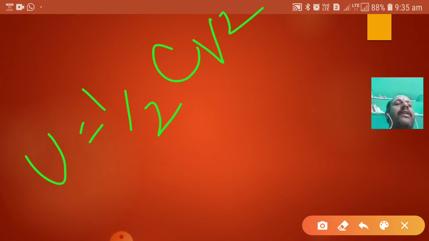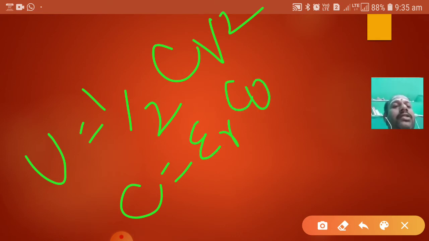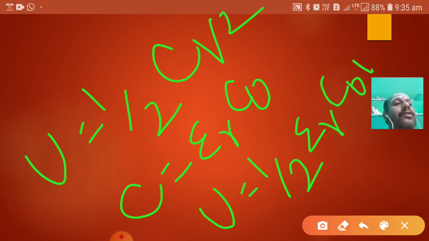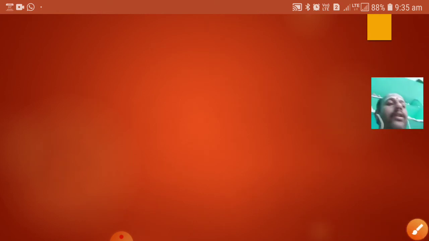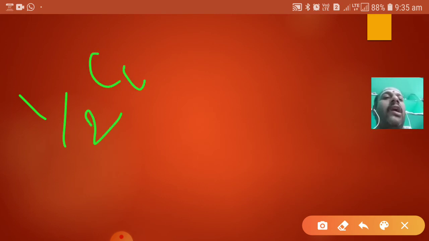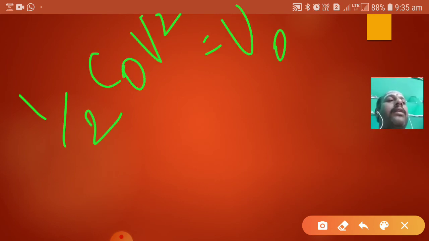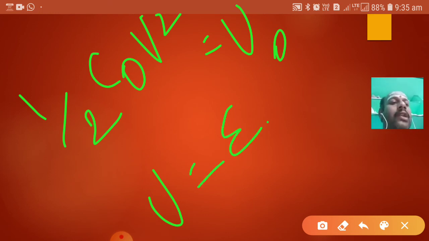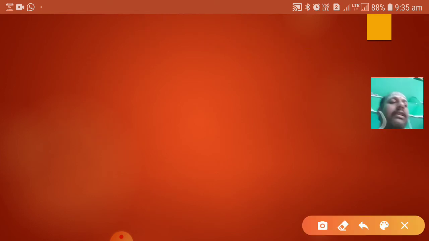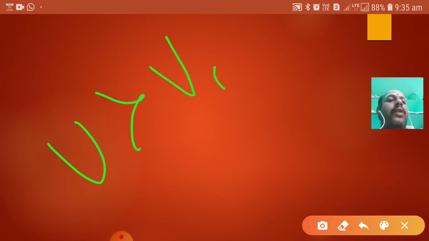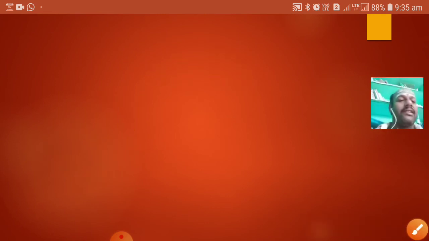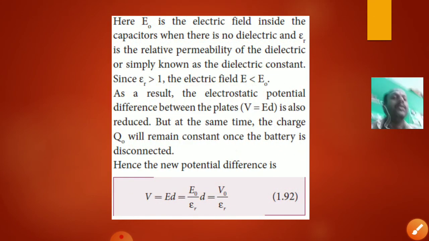V is going to be constant, and C will be equal to epsilon R into C naught. So when I substitute, U will be equal to 1 by 2 epsilon R into C naught into V squared. Now I know that 1 by 2 C naught into V squared is equal to U naught. So U is equal to epsilon R times U naught. From this I come to know U is greater than U naught when the battery remains connected.